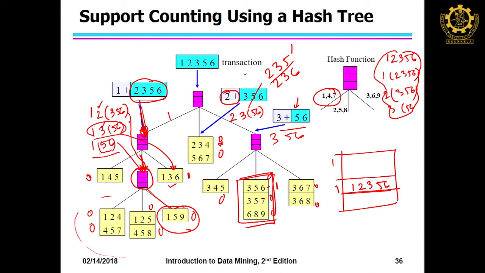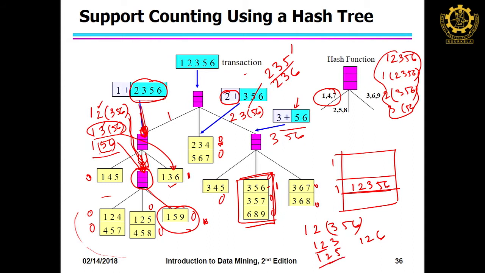Now, you have to search this part, 1 2 3 5 6. So, 1 2 is already fixed, then 3 5 6. Where will 3 5 6 go? On 1 2, which is already there, so you can make the combinations 1 2 3, 1 2 5 and 1 2 6. So, for 1 2 3, 1 is already there, 2 is here and 3 is on this side, but there is no 1 2 3.